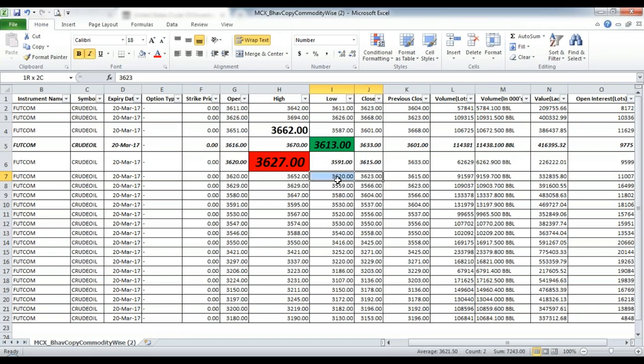And everything is now done by this day, correct? So on this particular day, we got to know about all these artifacts. So I know now with a degree of confidence that this should be the resistance and this should be the support. Now the next day, did it try going above 3627?